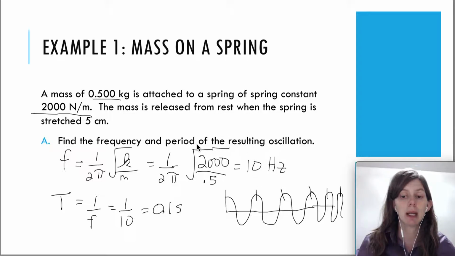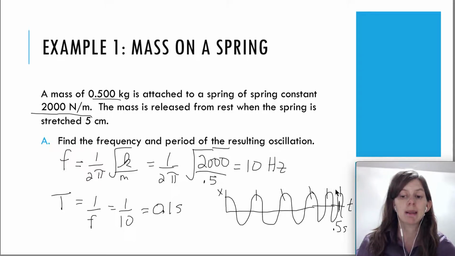So what we're saying here is that we have 10 cycles per second. So if I only drew 5 cycles here, that means that those 5 cycles only take half of a second, 0.5 seconds. I'm graphing the time here on the x-axis and the position on the y-axis.